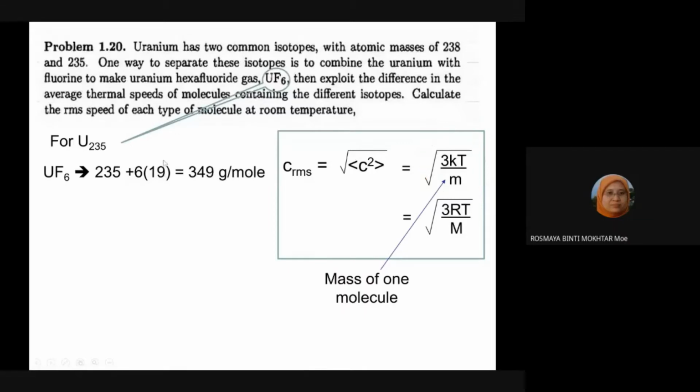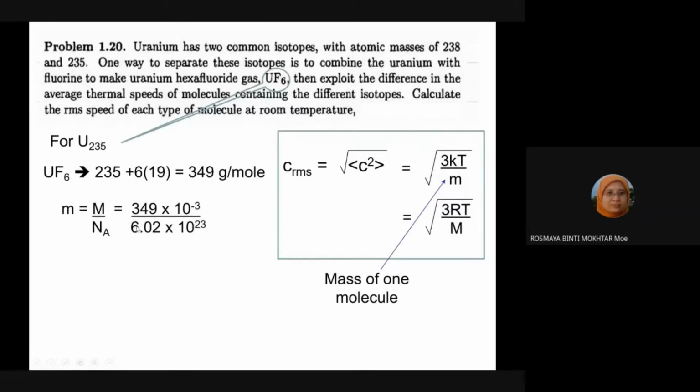Again, you refer to the periodic table. Fluorine is 19 and uranium is 235, so you total all the mass per mole. The periodic table given is the mass per mole.